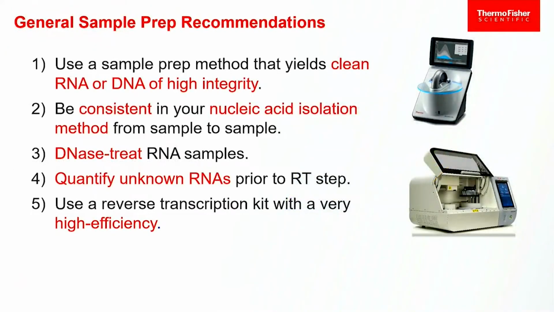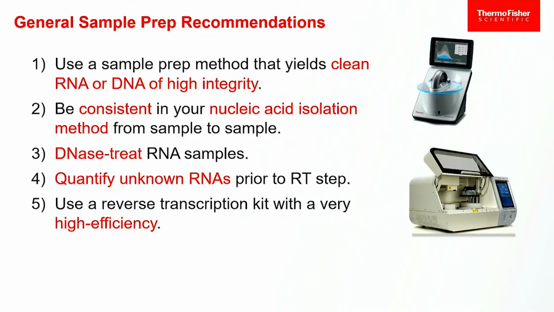When we are working with qPCR, PCR, RT, RT-qPCR, we want to make sure that our DNA and RNA are of high quality and clean. One metric we can use is an A260/A280 evaluation on a NanoDrop.